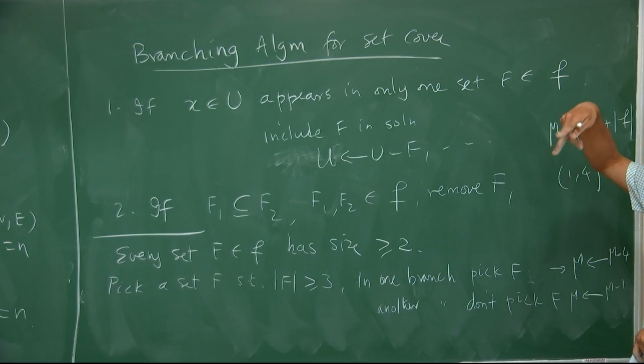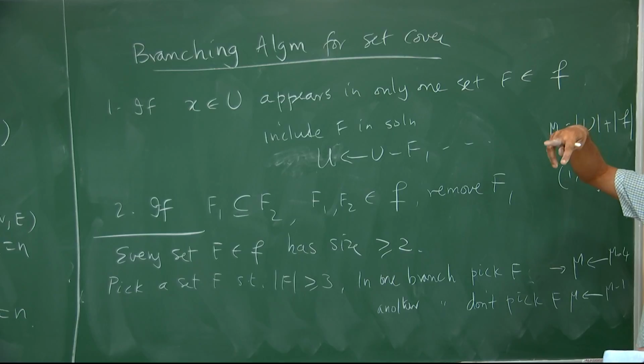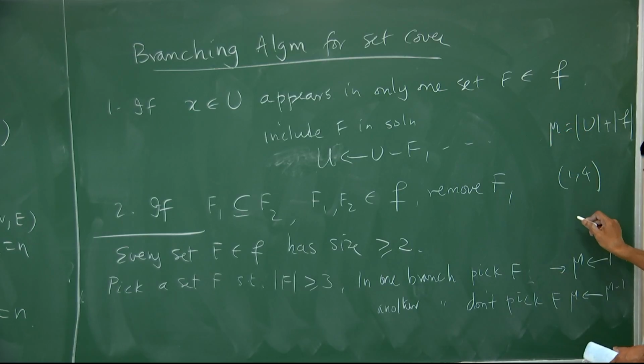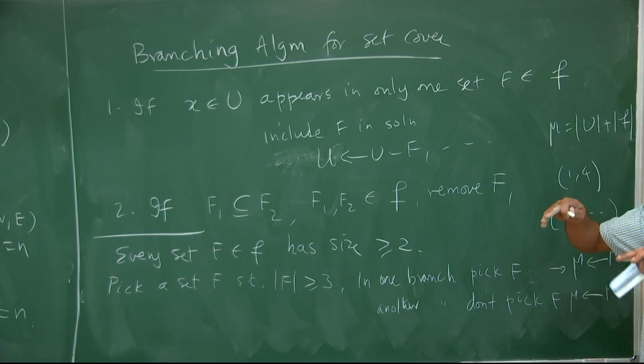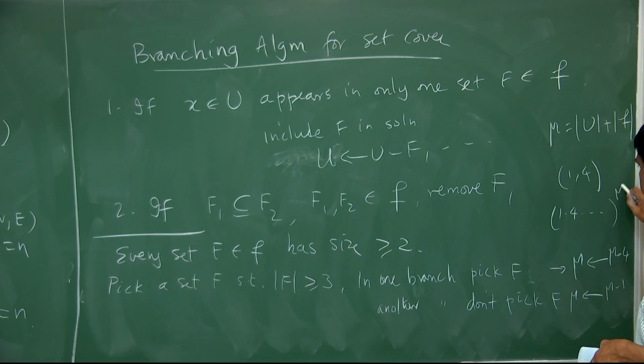Remember, the 1-1 branch was like 2 power k, 1-2 was Fibonacci, 1-3 was 1.5, and 1-4 happens to be 1.4 power what? My measure, right? Because my recurrence is on the measure.